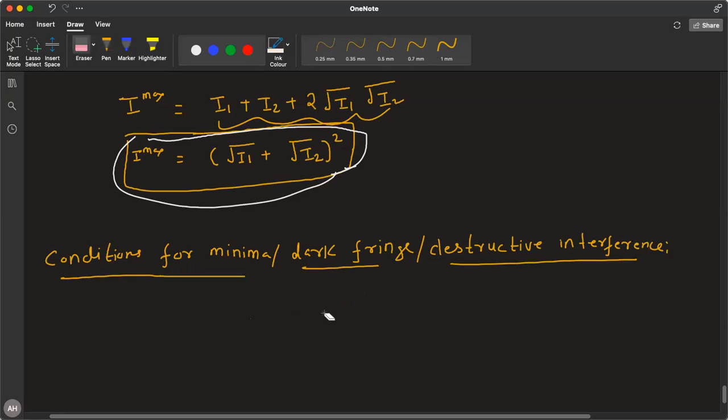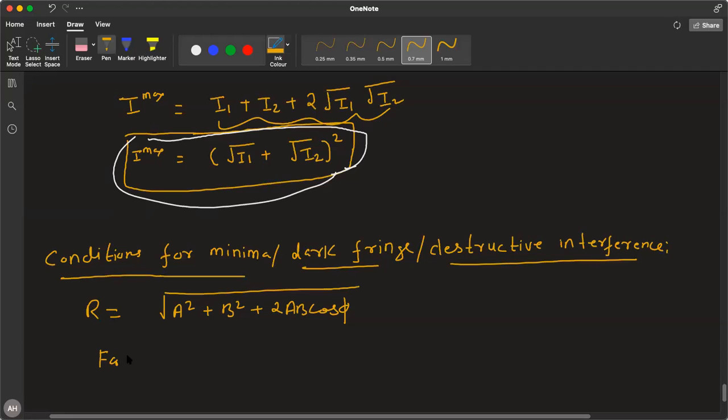So this is the expression for amplitude. R is root over a square plus b square plus 2ab cos phi. This is the expression.